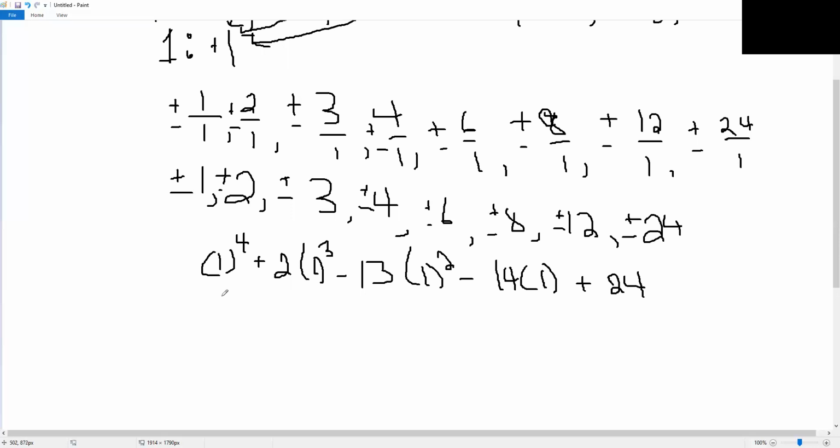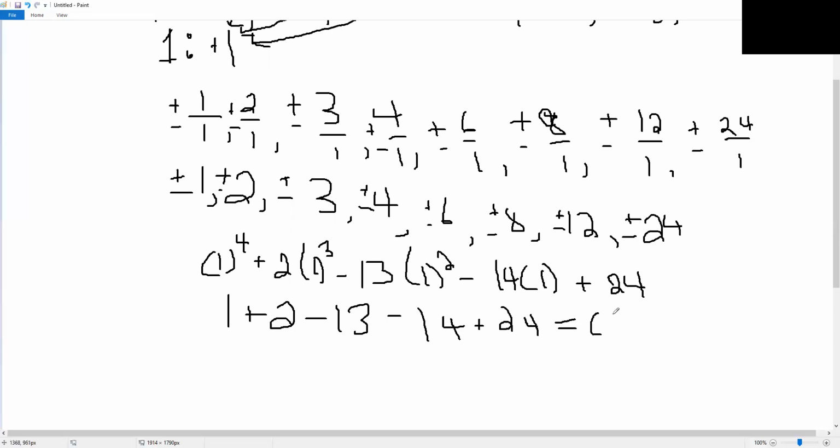So this is just 1 to the 4th power is 1, plus 2 to the 1 power is just 2, minus 13, minus 14, plus 24. And what does this equal? Well, we can use our handy dandy calculator. 1 plus 2 equals 3, minus 13 equals negative 10, minus 14 equals negative 24, plus 24 equals 0.